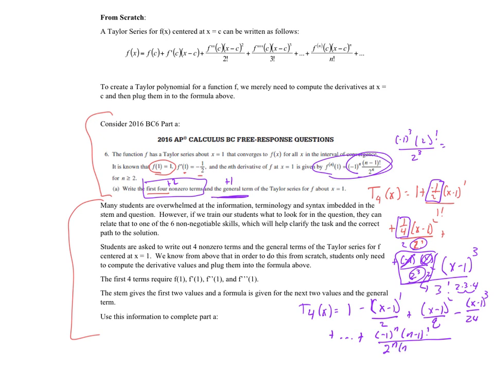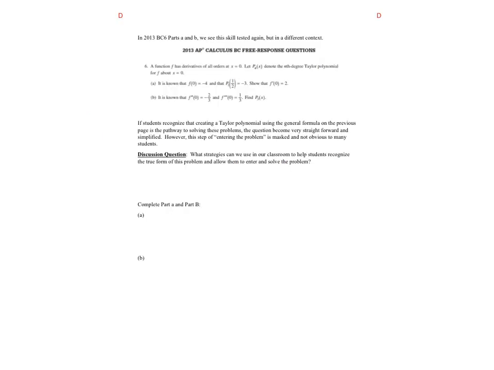And I'm going to have my n factorial down there. I'm going to have my x minus 1 to the n. It is important that you do the dot, dot, dot, and you have to realize that that's just your nth derivative. Just put it in there so that you don't have a complex fraction. So yes, this would be out of 3 points, and we're going to go on to the next question.